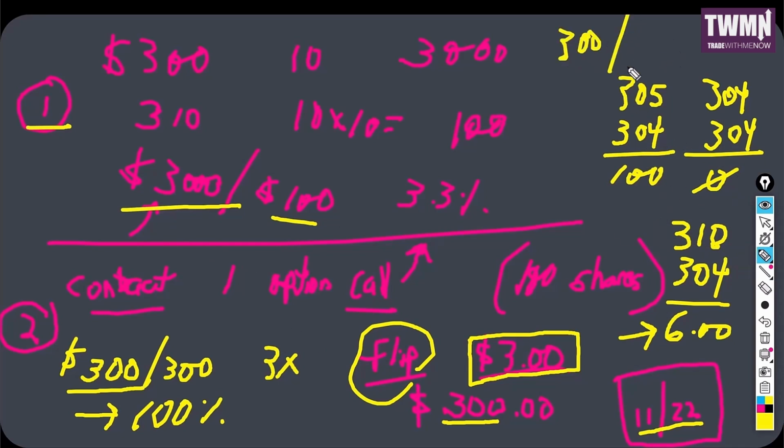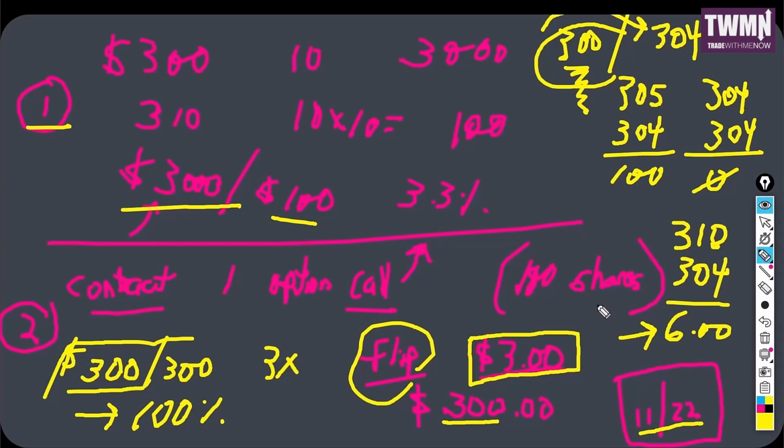And the reason why the contract isn't worth anything is if you're owning a contract for 304, but price is sitting down here at 300, who in their right mind on expiration day is going to want to buy your contract at 304? Nobody, because it's not worth 304 any longer because price is 300. That's called when the option contract expires worthless. And what did you lose? You lost your $300. So this is how call options work.